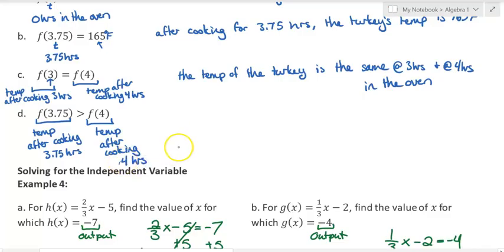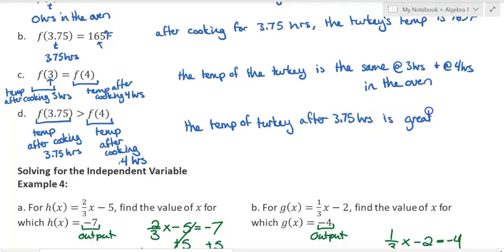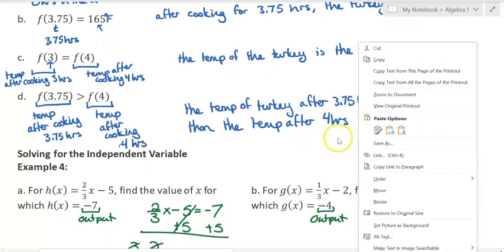So I'm going to say the temperature of the turkey after 3.75 hours is greater than, or is hotter than, either one, the temperature after 4 hours. Now, it did say in the instructions that the turkey is only going to cook for 3 hours and 45 minutes. So I'm assuming they took it out at 3.75. So then at 4 hours it's been cooling on the counter, and that's probably why it's getting cooler.